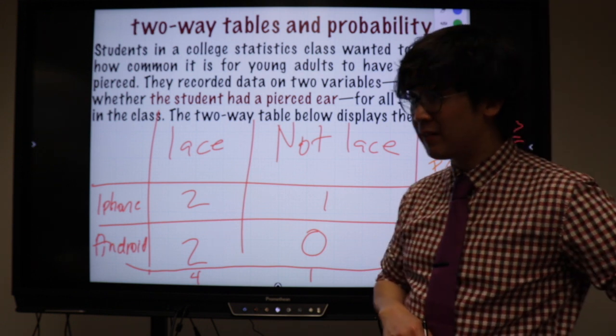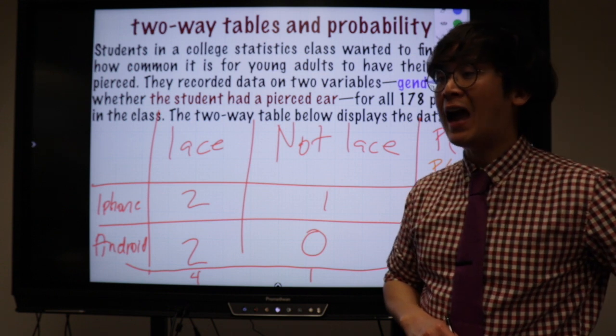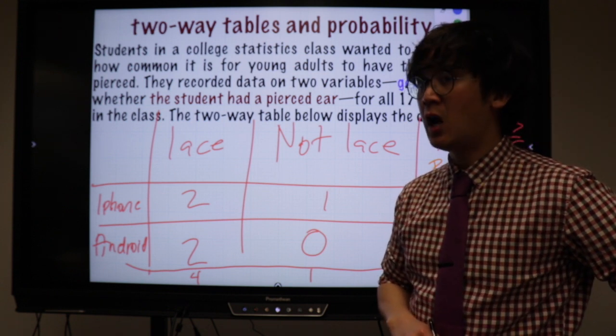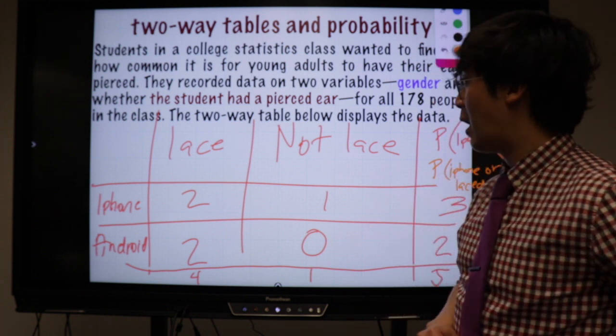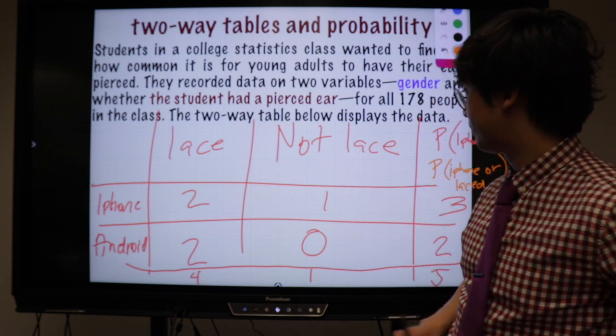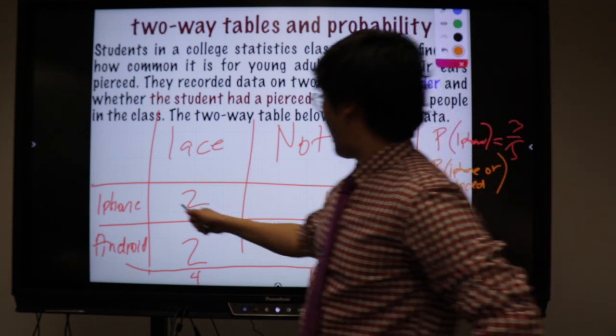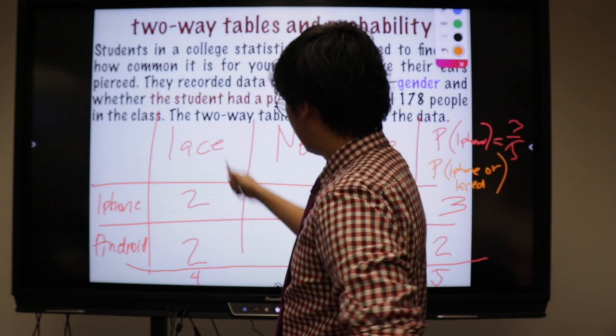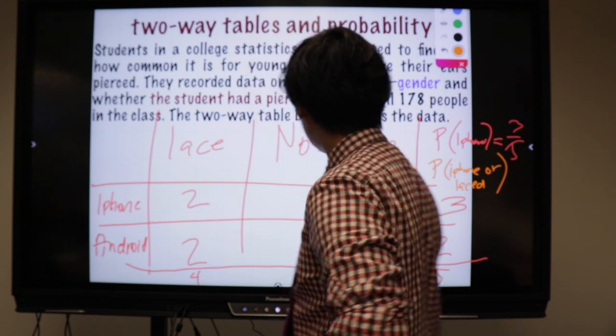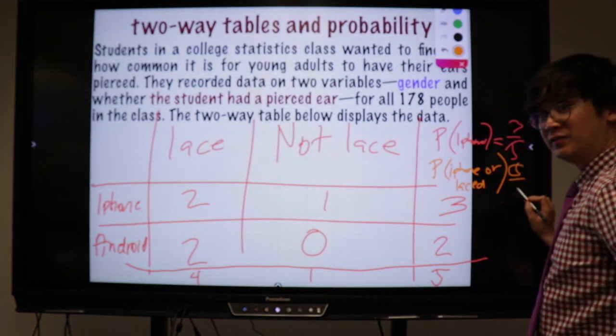So it's addition, right? So all you need to do is to add all the people who happen to have an iPhone or laced shoes. What are those people? 3 and 4. iPhone, 2 and... iPhone, right? Lace, 4. So what's that? 5 out of 5.